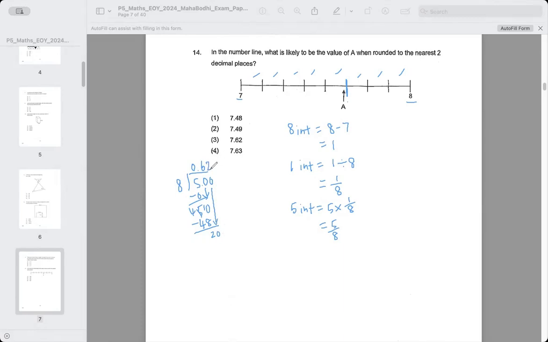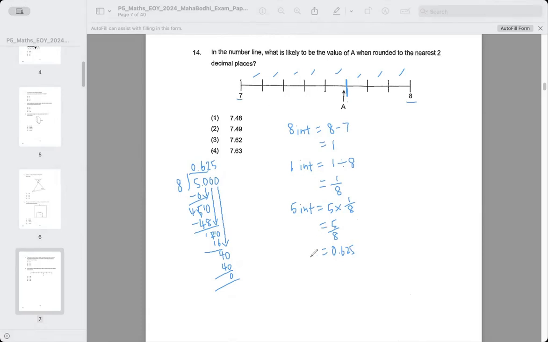I can have 2, which means it's 16. 20 minus 16 is 4. I have to bring down another 0. Then 40 divided by 8 will give me 5. So that's the end of this. So it will be 0.625.